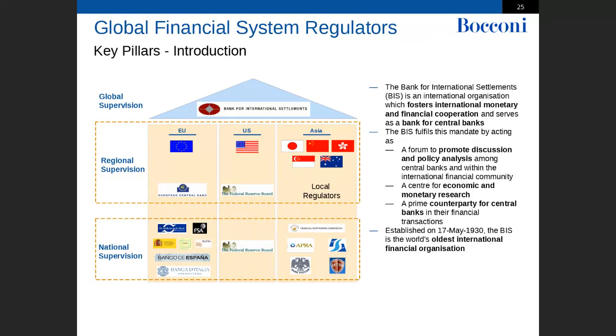And the regulators are key players in this industry because they supervise, and on some occasions they can be very dictating terms and conditions of the activity of banks, because actually they are the regulators.